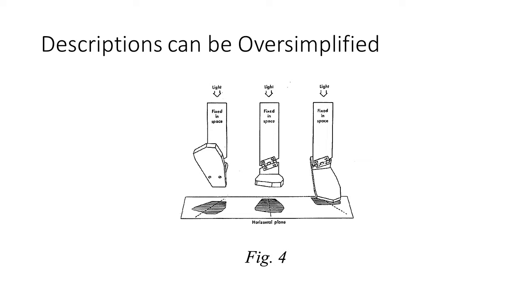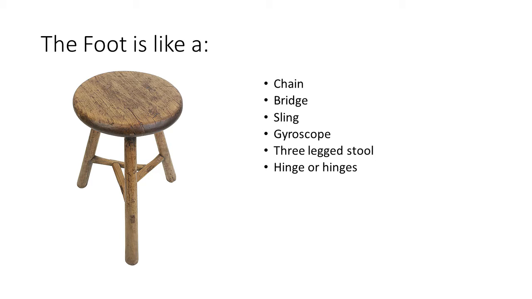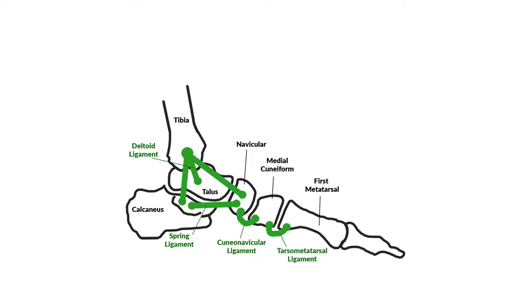It's often described the foot as like a chain, or the foot is like a bridge or a sling, even a gyroscope I've heard of, a three-legged stool, hinges or a set of hinges. Why are we trying to take the foot, which is a set of bones and ligaments, and describe it as if it's an everyday item? Why not describe the foot as a set of bones connected with a set of ligaments?